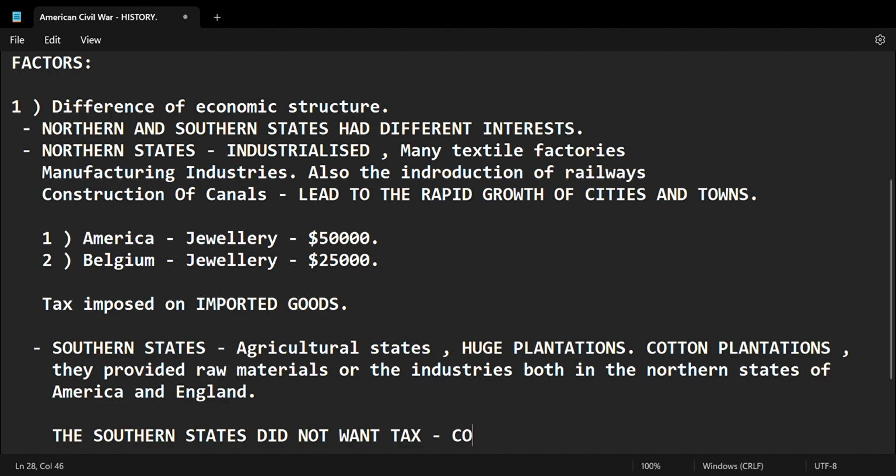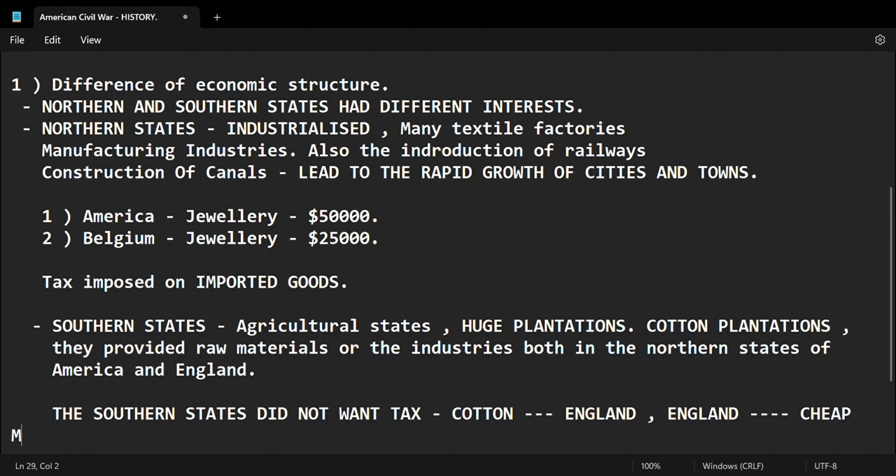Because when they give away cotton to England, okay, then England gives them some goods too. So it's like barter trade. So they give them cheap manufactured goods. So they want a tax-free trade to get cheap manufactured goods.